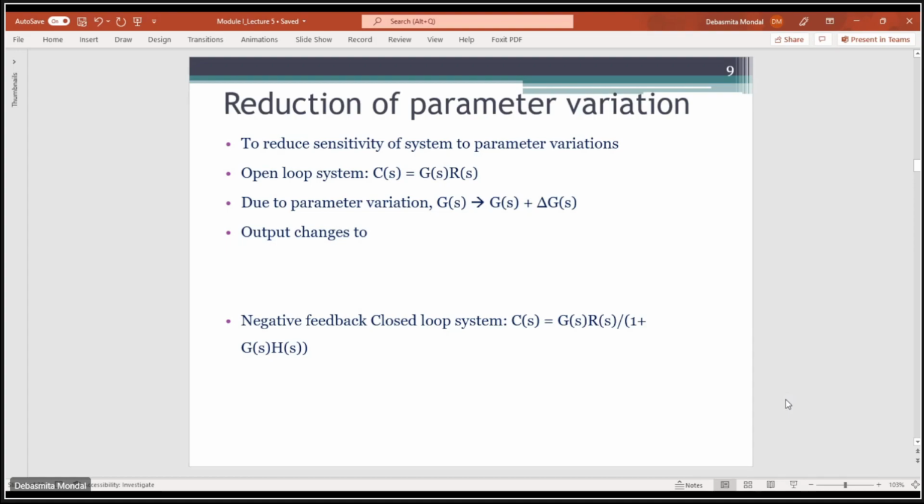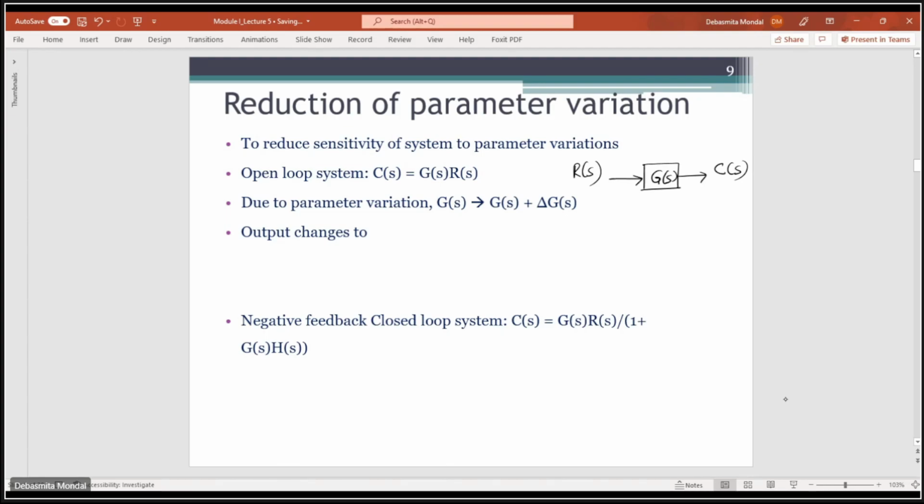What we mean by parameter variation is this: if you have a simple open loop system, with G(s), output C(s), and input R(s), then C(s) will be equal to G(s) into R(s). Now let's say because of some reason the value of G(s) changes, so now G(s) becomes G(s) plus delta G(s).